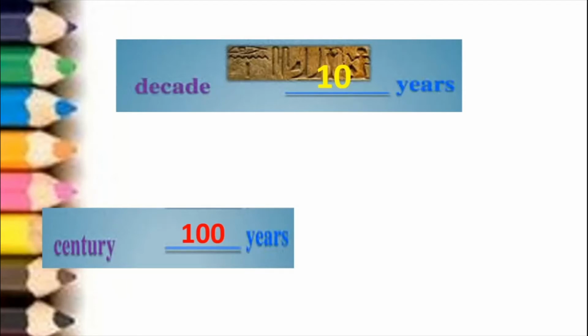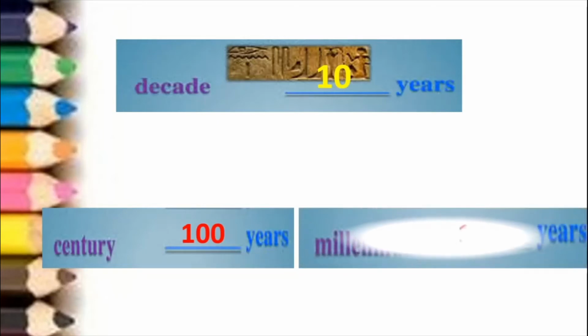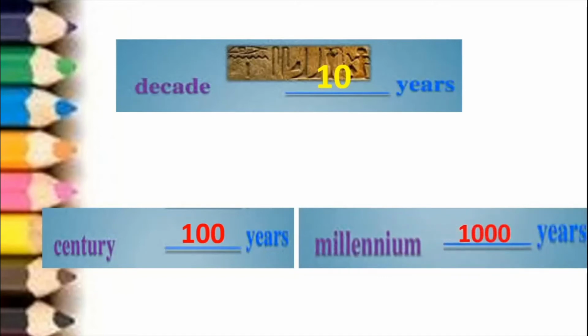So we know that century means 100. In the same way, for years also, 100 years means a century. And then we have 1,000 years, which is a millennium. So these are some new terms for you children. Year we all know. So a decade, a century and a millennium. Decade is 10 years, century is 100 years and millennium is 1,000 years.